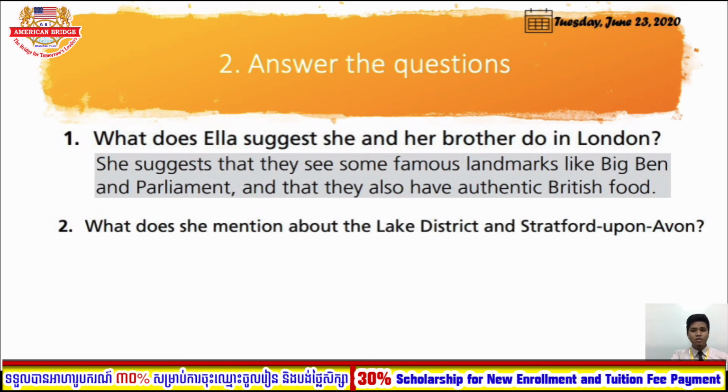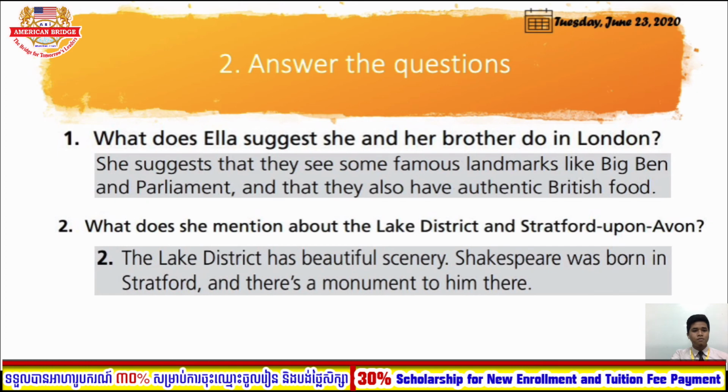And question number 2, what does she mention about the Lake District and Stratford-upon-Avon? The Lake District has beautiful scenery. Shakespeare was born in Stratford, and there's a monument to him there.